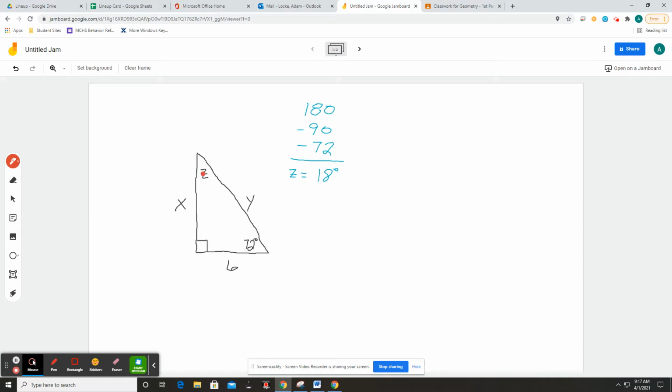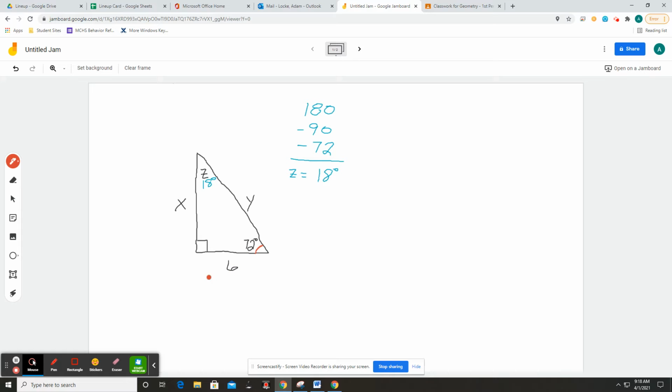Okay. Now I try to ignore that Z now because I already know what it is, and I guess it may help me if I actually write in the number here. So now I want to find either X or Y. I'm going to start with X. And even though I found 18, I still like to work off the original number that was given to me of 72 degrees.